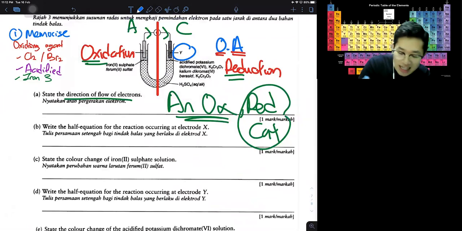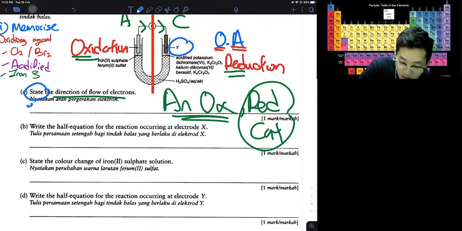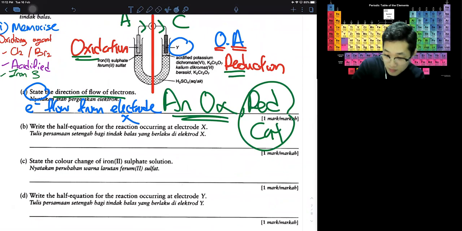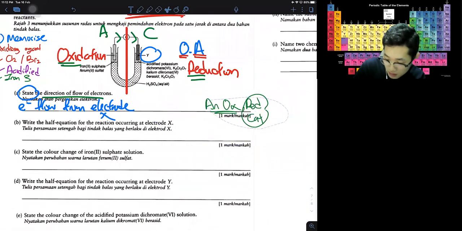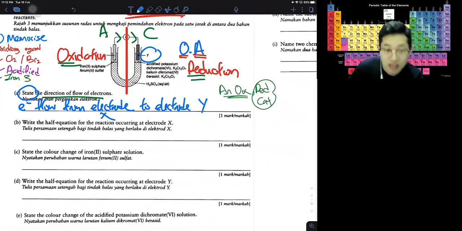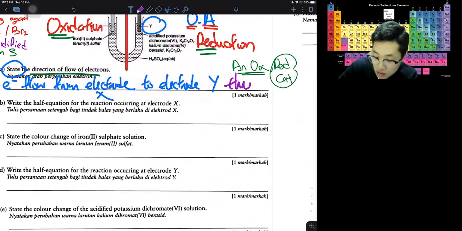When they say state, electrons flow from electrode X to electrode Y. Don't forget to write this through the external circuit.